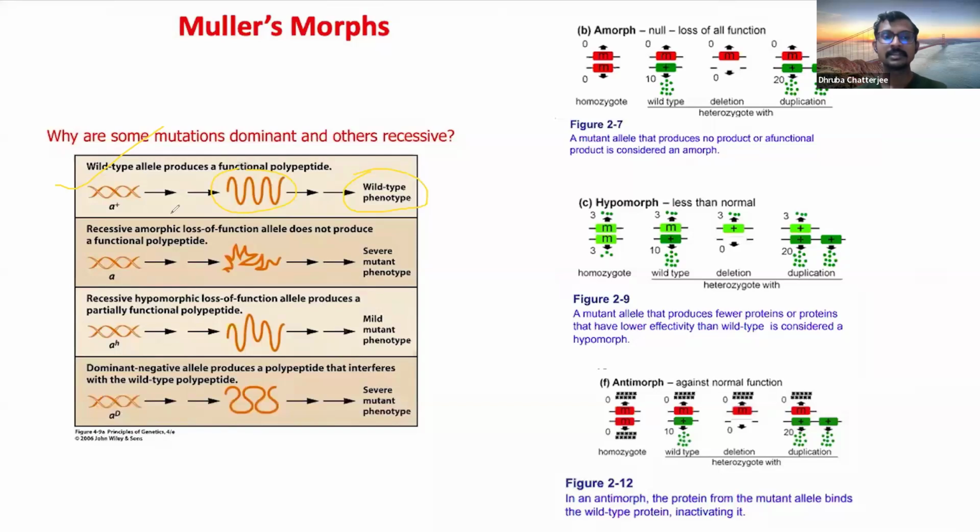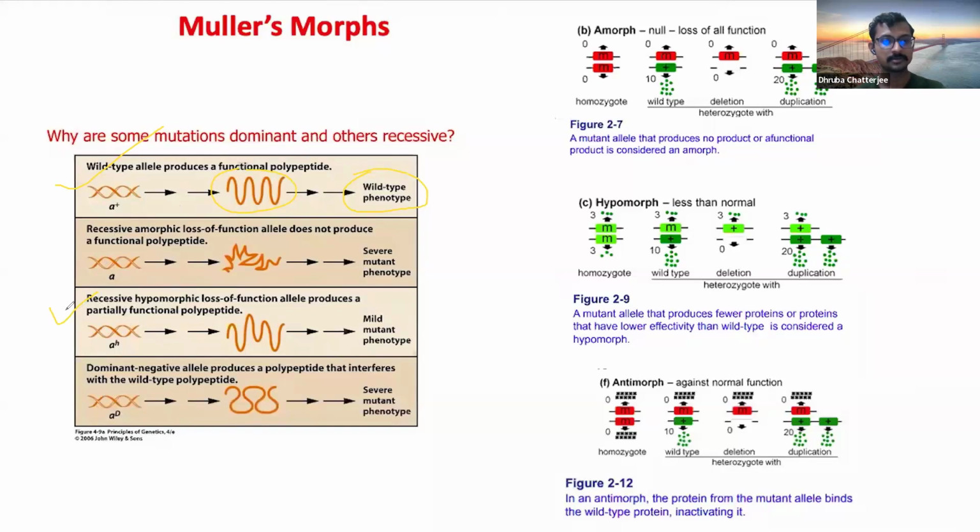Now, there can be mutations to the wild type allele. First understand the most drastic changes.